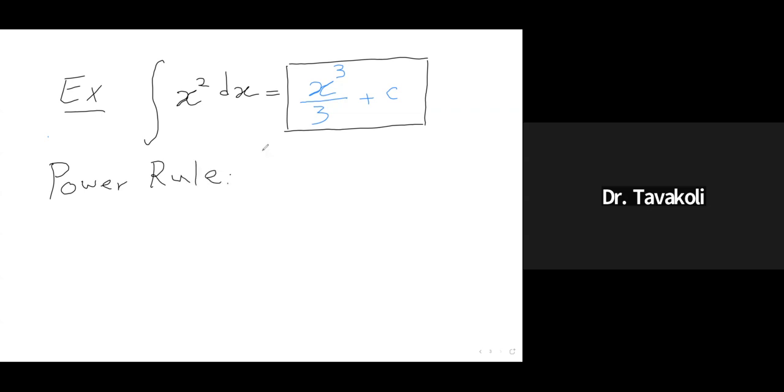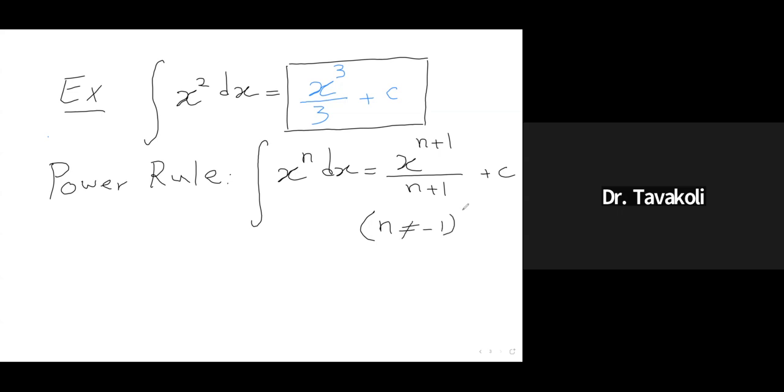It says that the indefinite integral, or the antiderivative, of x to the n is going to be x to the power of n plus 1, all over n plus 1, and at the end plus c. There is one exception to this power rule, and that is when n is negative 1. n cannot be negative 1.